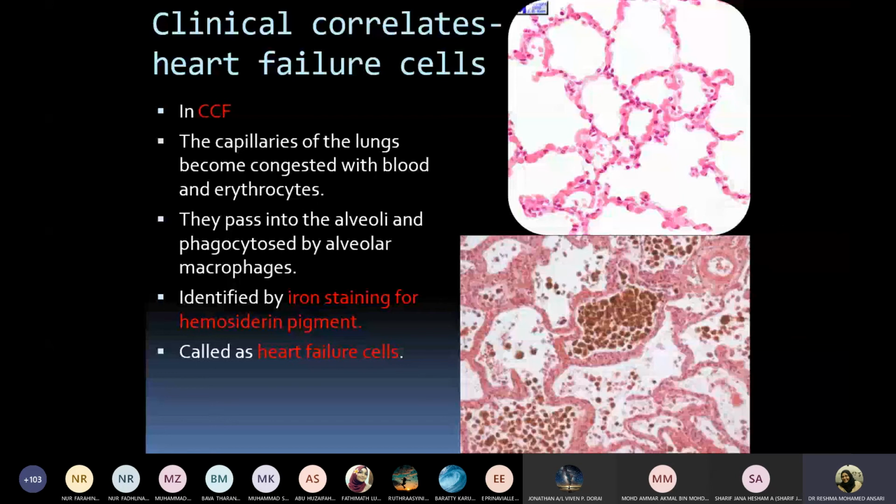When these macrophages eat up the erythrocytes along with the fluid, and the patient dies, we take a slide from the lung and stain it for hemosiderin pigment. The macrophages stain brownish because of the iron content. We call these heart failure cells. So macrophages filled with hemosiderin pigment, identified as a post-mortem finding in heart failure patients, are called heart failure cells. Clear?